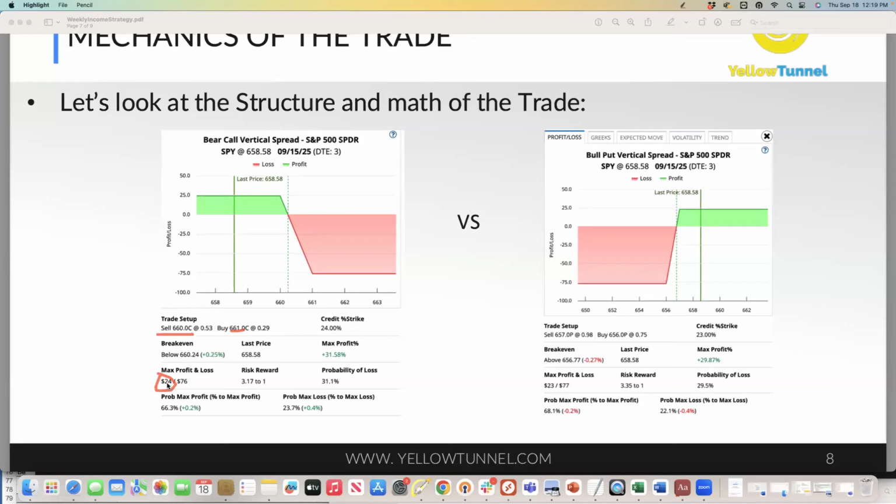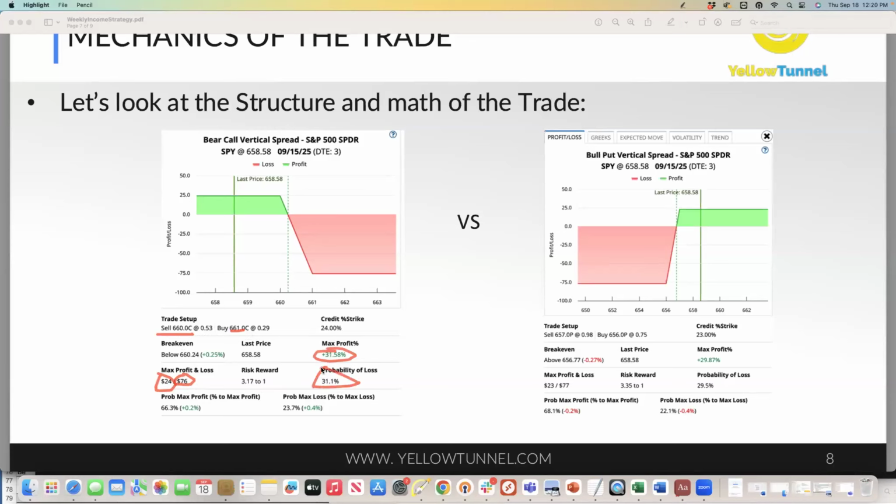But if you sold the 660, 661 call spread, your maximum profit is $24 and your maximum loss is $76. You cannot lose more than $76. $24 divided by 76 is about a 30% maximum return, and the probability of loss was only 30%.